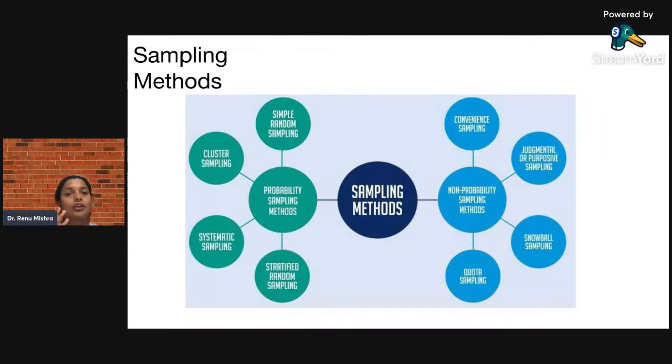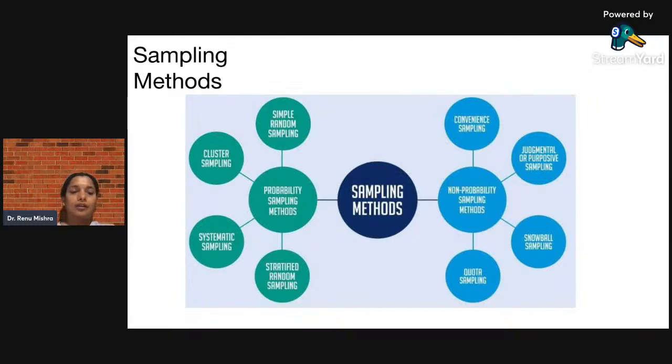For example, in random sampling, I have 100 people and I randomly choose anyone. In convenience sampling, which is non-probability, I choose people based on my convenience. Somebody living nearby, I'll choose him as my sample. So everybody does not have an equal chance to participate in my research.